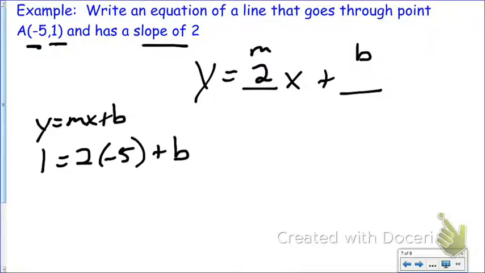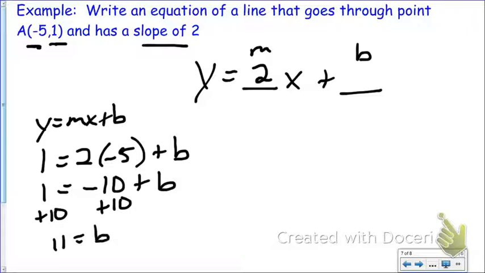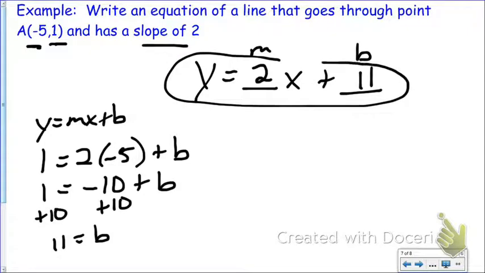So now I'm going to figure out what b must be in order for that point to work. So I'm going to simplify it. I'm going to take the 2 times the -5, and that's -10. Now I have 1 equals -10 plus b. So to get b by itself, I'll add 10 to both sides. Now I have 11 equals b. So it must be y equals 2x plus 11.